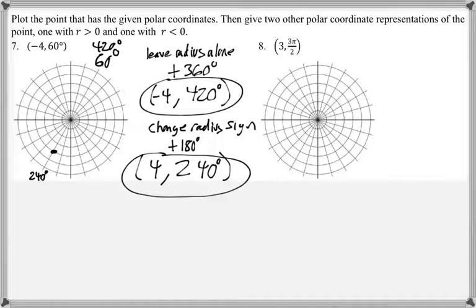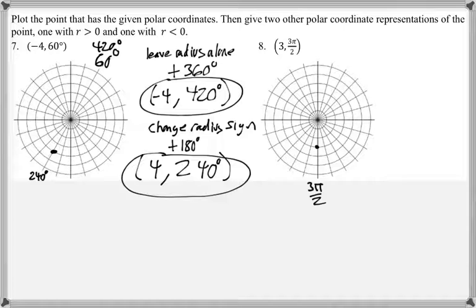On number 8, 3 pi over 2 is down here, and the radius is 3, so it's starting at the origin, 3 circles towards it. So that's the graph.